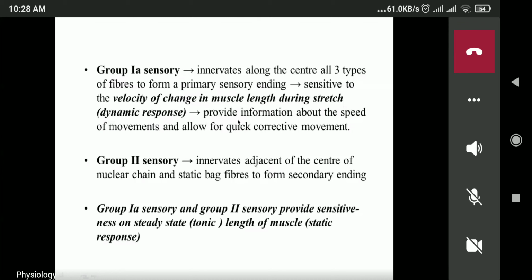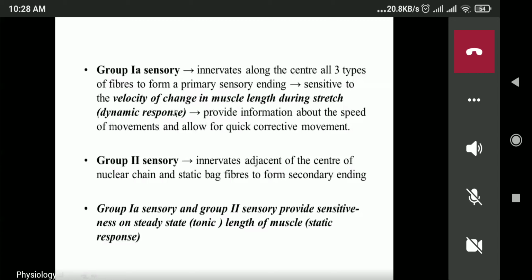Provide information about the speed of movements and allow the quick corrective movement. For quick corrective movement Group 1A sensory is needed, and that is connecting all types of muscle fibers: nuclear chain fiber, nuclear bag fiber dynamic, nuclear bag fiber static.